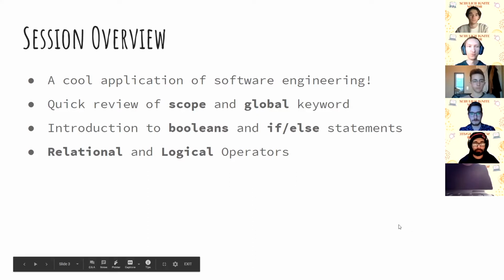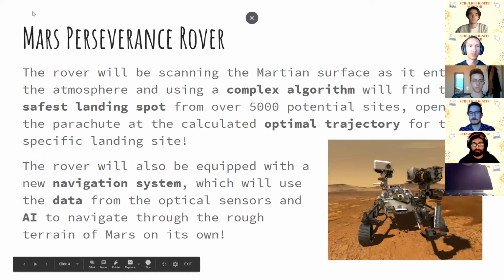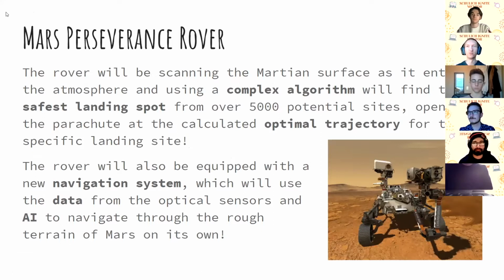Okay, so let's talk about the Mars Perseverance rover. This one has recently been in the news. It's going to be landing. So the rover is going to be scanning the Martian surface. As it enters the atmosphere, it's going to need to use some complex algorithms, and it's going to be looking for the safest landing spot. There's over 5,000 potential sites, but it's going to have to figure out which one's going to be the best spot for it to land.